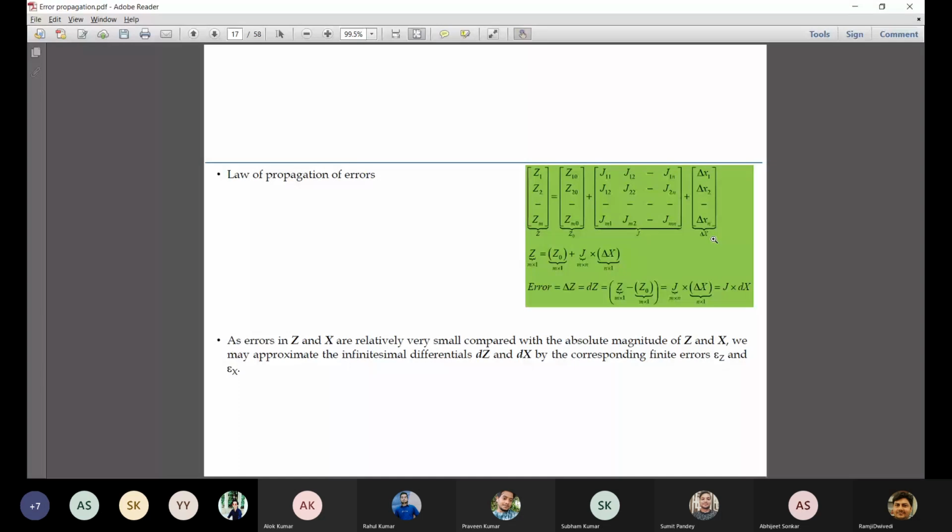This was the way. But here it is slightly different. We are reaching towards the final solution of the error propagation concept. This is just the middle of it. Any question?